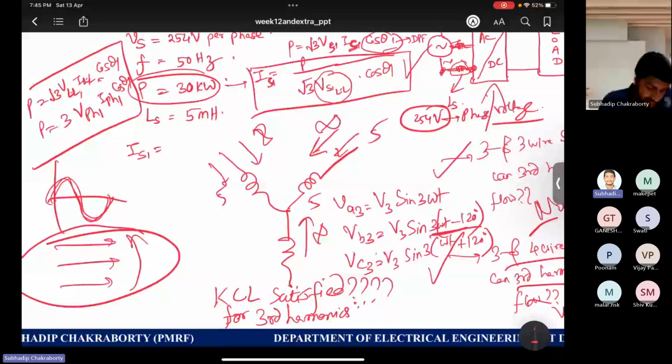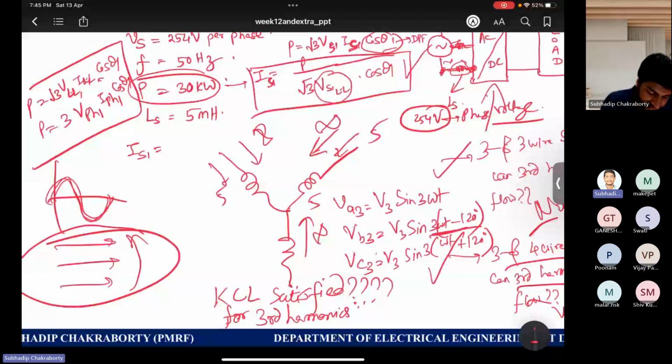I told you in the very beginning. So if 254 volt is the phase voltage, what is the line voltage? Root 3 times this phase RMS voltage. So line RMS is P by root 3 times 254, and this 254 is phase, so line means root 3, multiplied by cos phi 1, which is 1. So this step is clear.